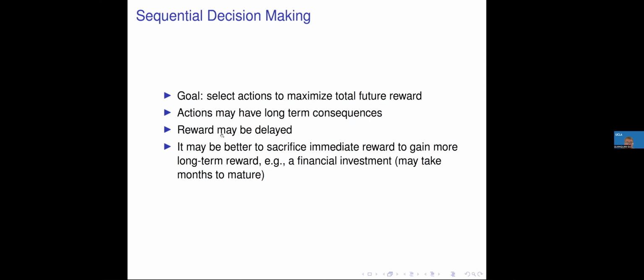And another challenge is the reward may be delayed. In other words, even if the agent can receive some immediate reward, the immediate reward may not indicate the total reward. So it may be better to sacrifice some immediate reward to gain more long-term total reward. One example is financial investment, right?